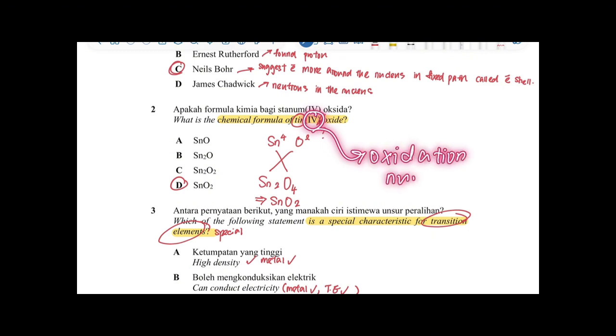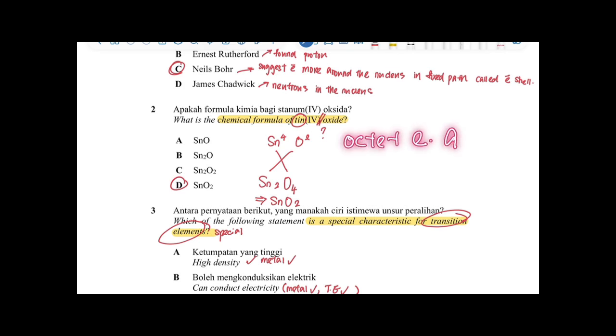So when we write the chemical formula, we write 4 on top of the Sn. And then the oxide is 2. The reason why the oxidation number for oxygen, for the oxide, is 2 is because it needs 2 electrons to achieve an octet electron arrangement.